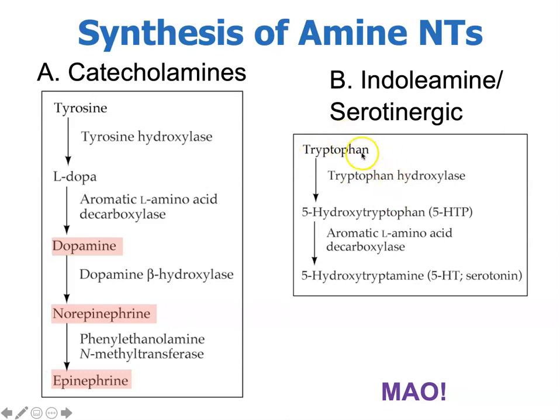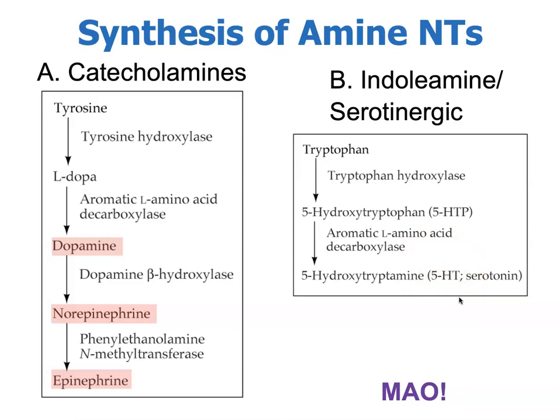Tryptophan will be converted into 5-hydroxytryptophan, and 5-hydroxytryptophan will be decarboxylated. Again, very similar here, using an aromatic L-amino acid decarboxylase to produce 5-hydroxytryptamine, which is serotonin. Serotonin we actually abbreviate a lot in the papers as 5-HT.